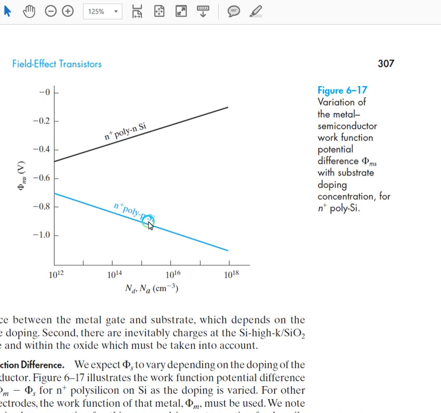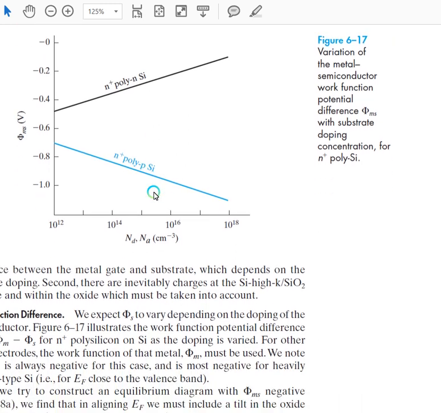So we can measure out these differences. When we increase the doping for N-type silicon also, the work function difference reduces and reaches 0. That is the essence of the graph.